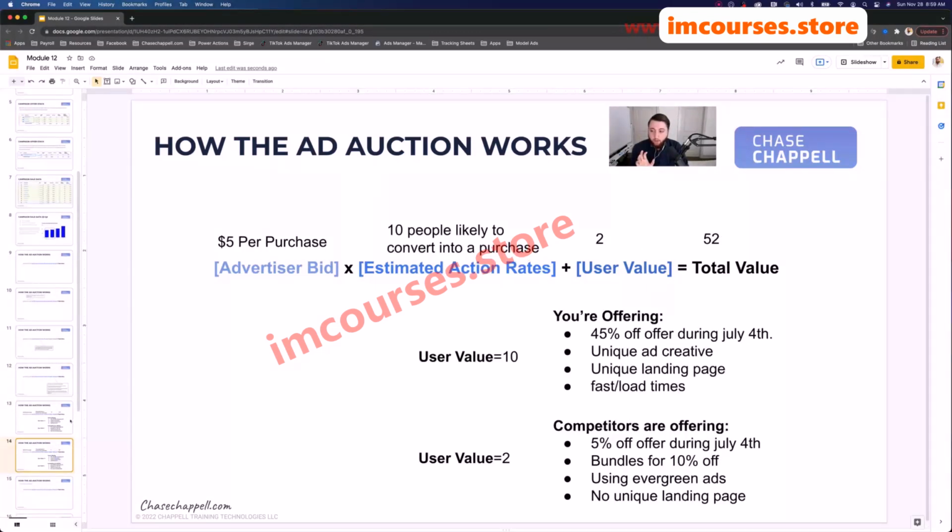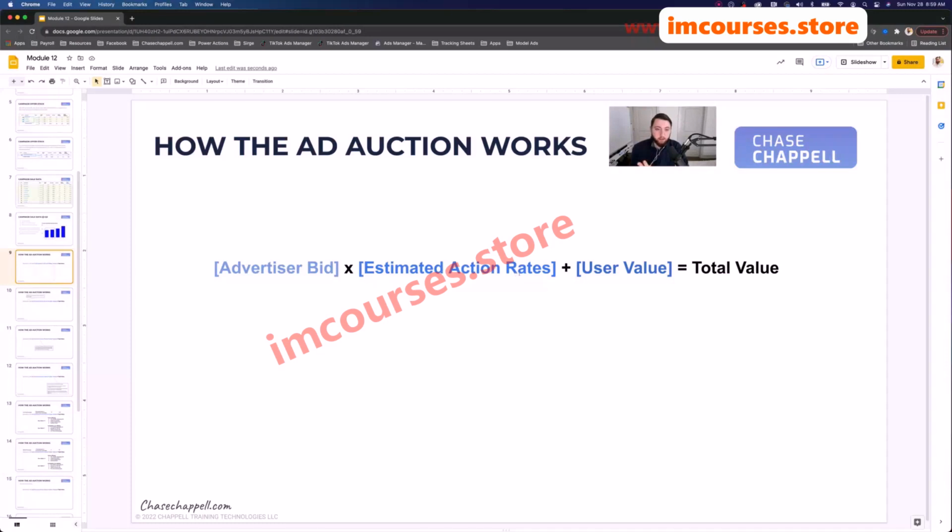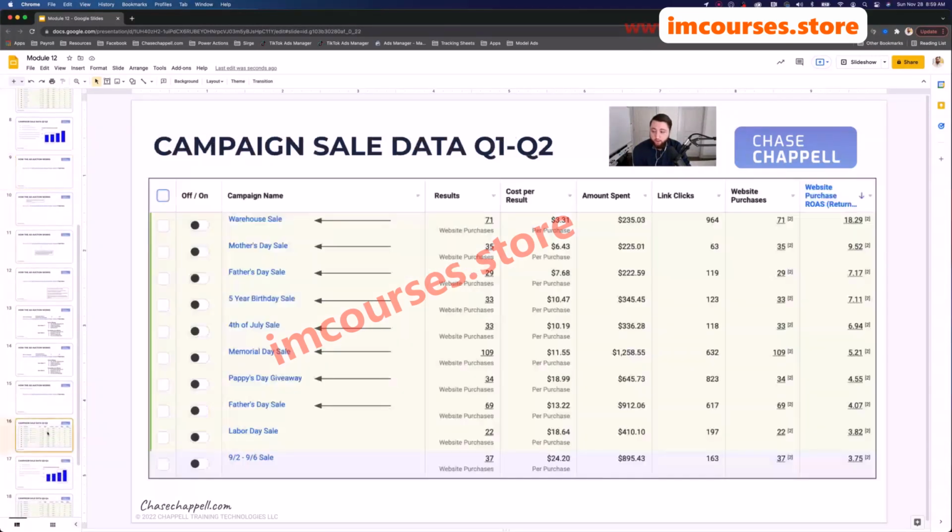The important thing to note here is the more you can get these total values higher, the more likely it is that you'll convert. The higher the user value, the more auction wins the system can determine, and the better your bid, the more results you're going to get. So that's essentially how the ad auction works.